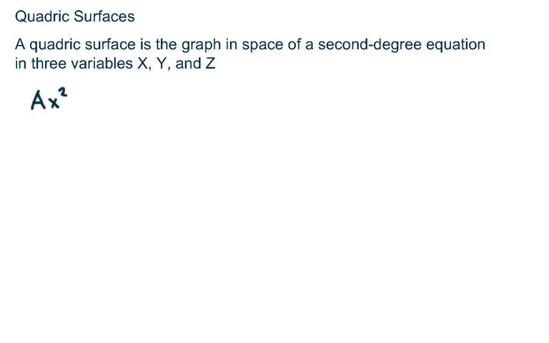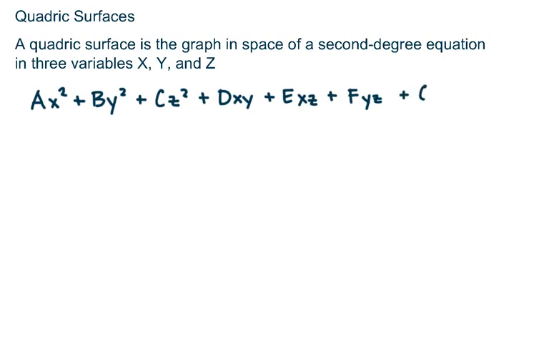We've got ax squared plus by squared plus cz squared plus dxy plus exz plus, you guessed it, fyz plus gx plus hy plus iz plus j equals 0.